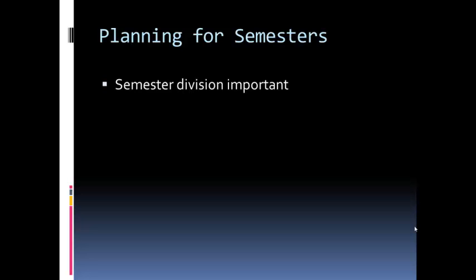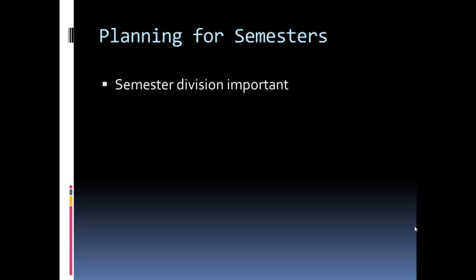For example, in my Old Testament class, the major units of study that I have for the year are the Pentateuch, that's Genesis through Deuteronomy. Then I have the historical books of the Old Testament, the prophets, and the wisdom literature, 4 major units. Now there's a natural break between the study of the historical books and the study of the prophets.